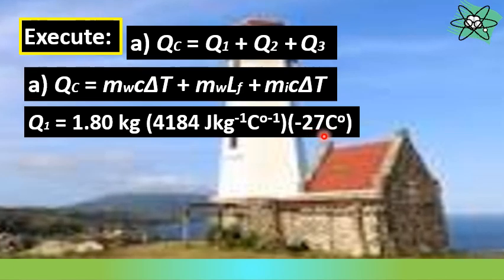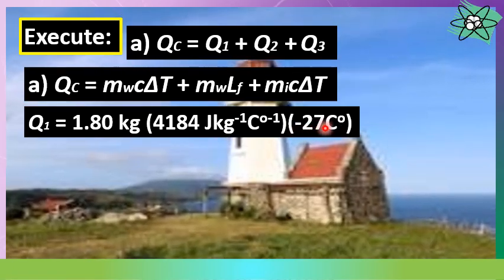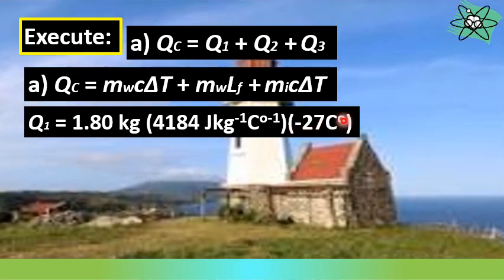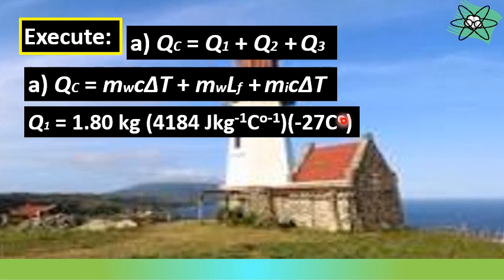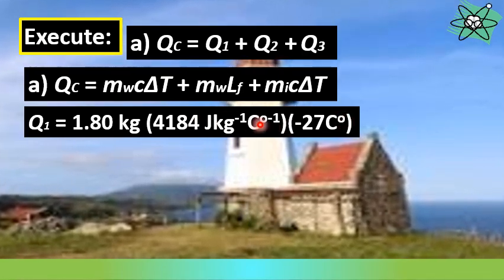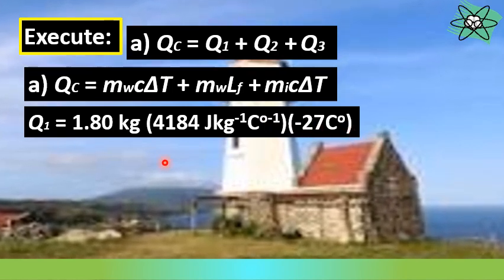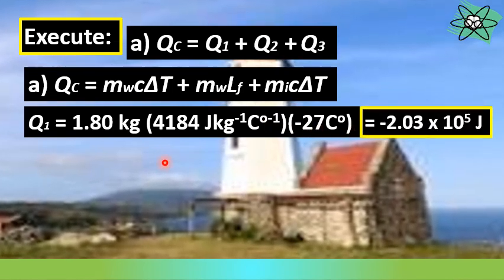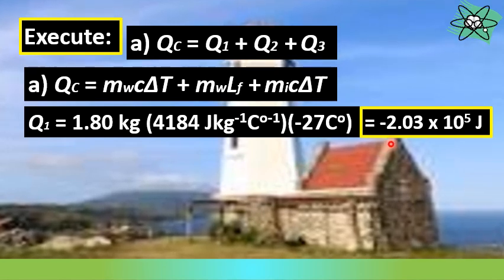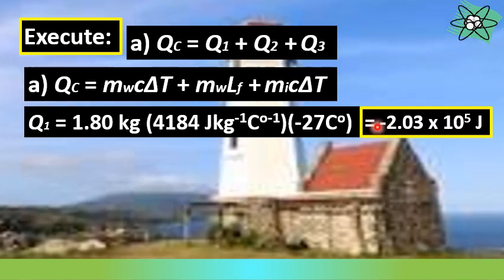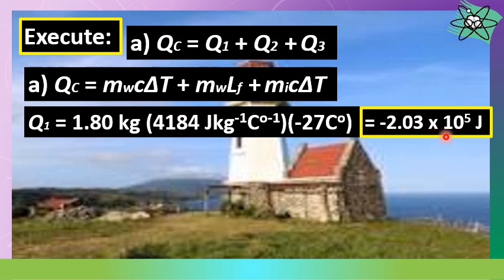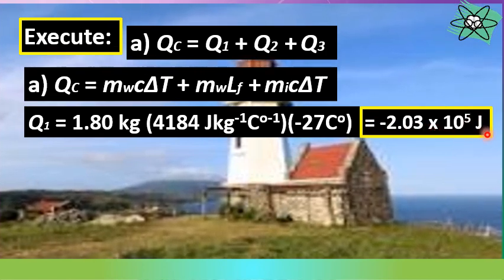So that gives us a delta T of negative 27 Celsius degrees. And when we do our math, we will get the value for Q sub 1 equal to negative 2.03 times 10 to the fifth power joules.